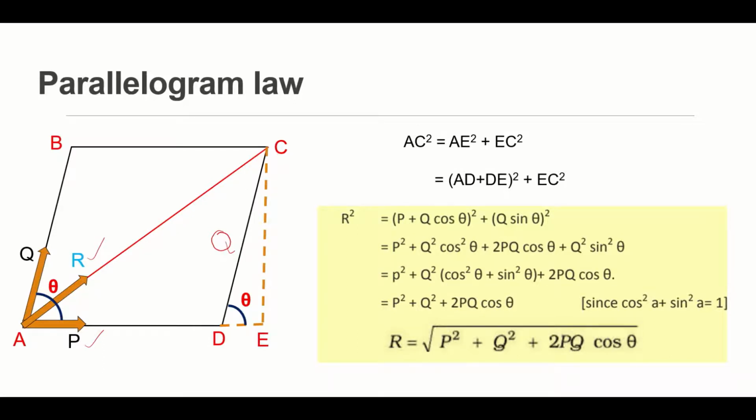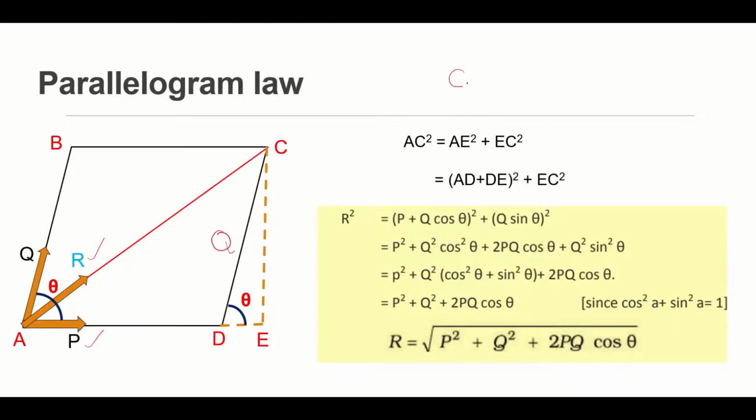Since DE is one of the sides of the right angle triangle DEC, we can convert DE in terms of Q. Cos theta equals adjacent side by hypotenuse, that is cos theta is DE divided by DC.